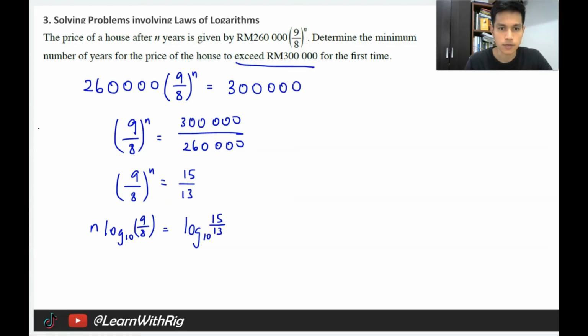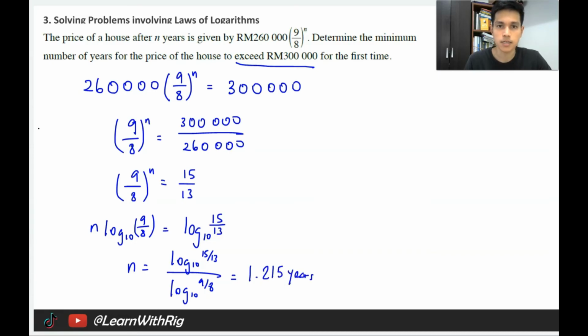So now you can find your n value, which is log base 10 of 15 over 13 divided by log base 10 of 9 over 8. When you calculate this in your calculator, you should get 1.215 years.